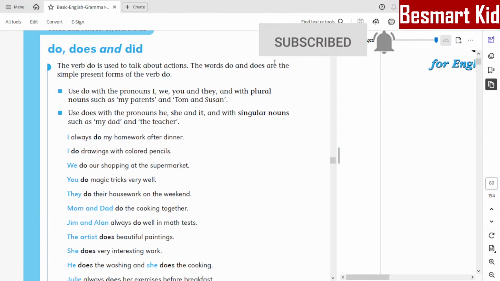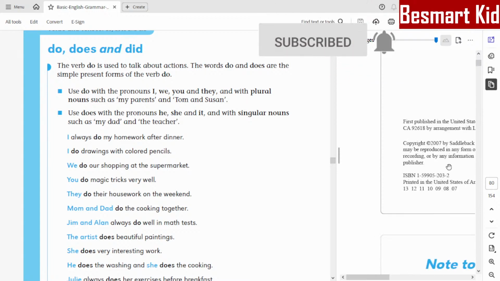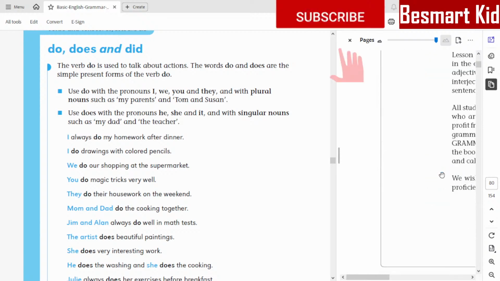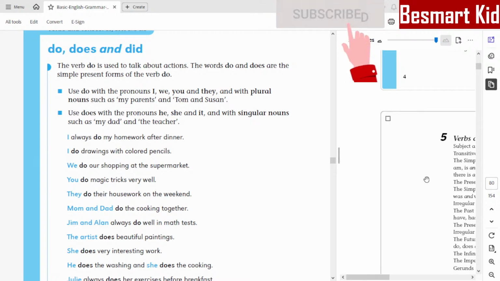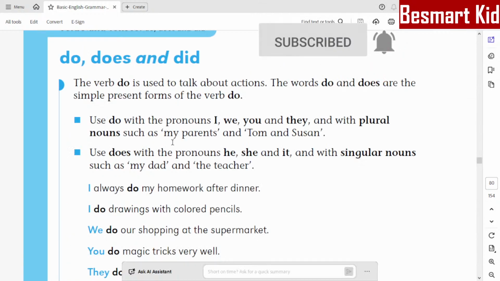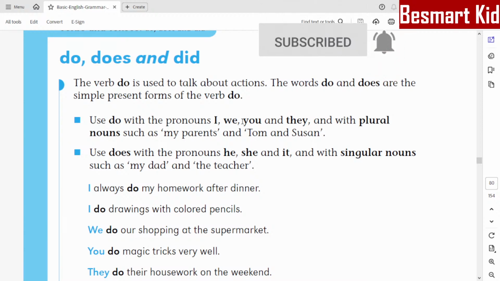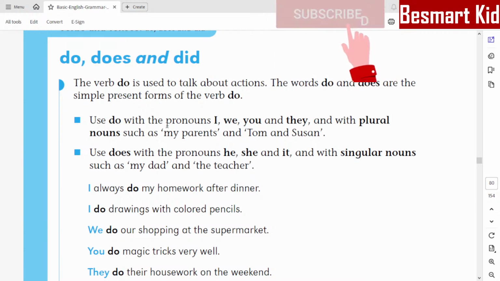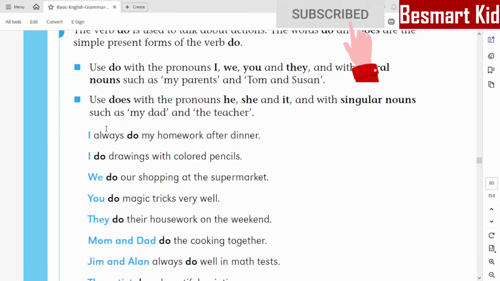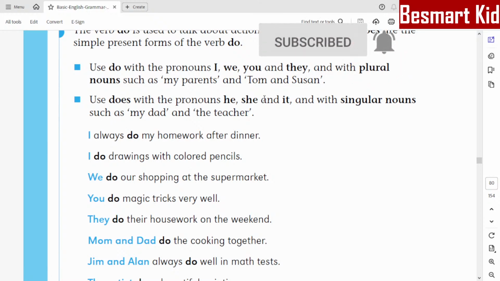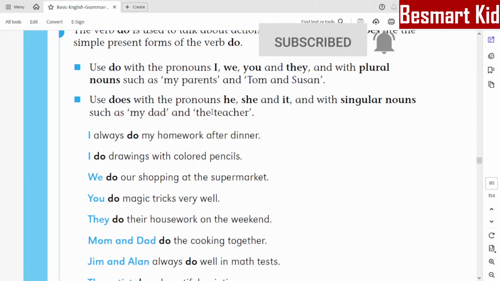Do and does are simple present forms of the verb do. Use do with the pronouns I, we, you, and they, with plural nouns such as my parents and Tom and Susan. Use does with the pronouns he, she, and it, with singular nouns such as my dad and the teacher.